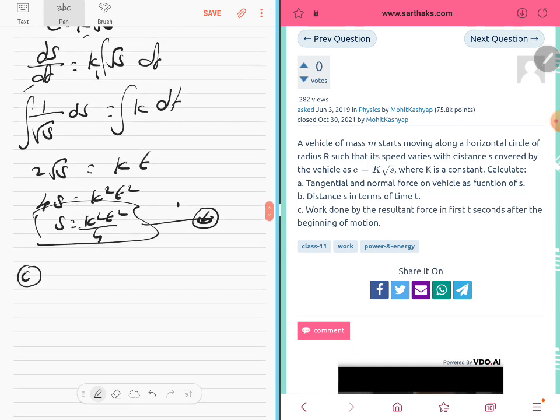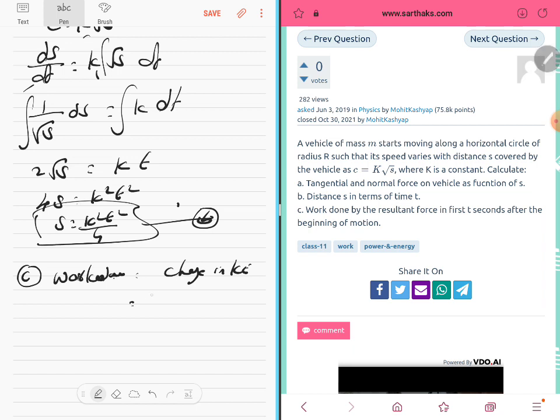Let's go to C. The work done by the resultant force in the first t seconds after the beginning of motion. The work done is nothing but the change in kinetic energy, so final minus initial.